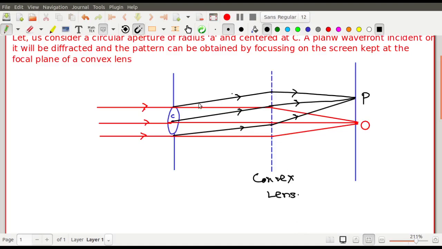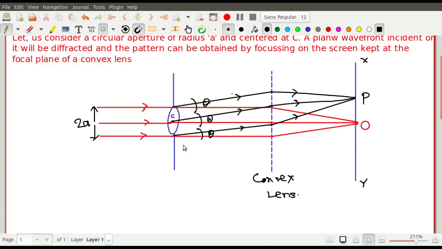So এখান থেকে তোমরা করবে, this is the angle of diffraction theta, এগুলো সবই theta angle এ diffraction হয়েছে, these are at an angle of diffraction theta, and this one is 2a. A is very difficult to show, I show you 2a. 2a you understand, that is the diameter. A টা যদি radius হয়, so then 2a is the diameter of this one, which I am trying to show it to you over here. So I guess that the things are understandable to you. So এখন তোমাদের কাছে এটা নিশ্চয়ই বোঝা যাচ্ছে, so you understand everything over here, and this is the screen, suppose I call it some xy, ঠিক আছে তো?